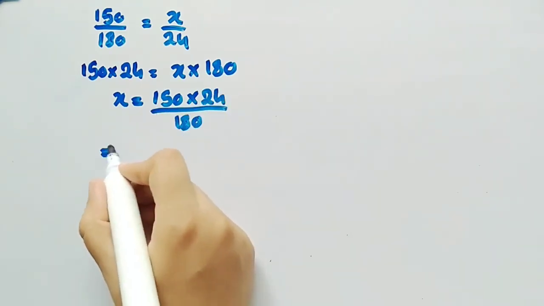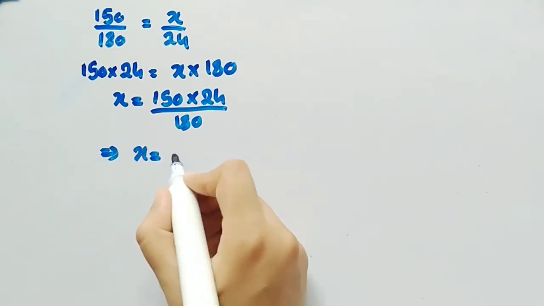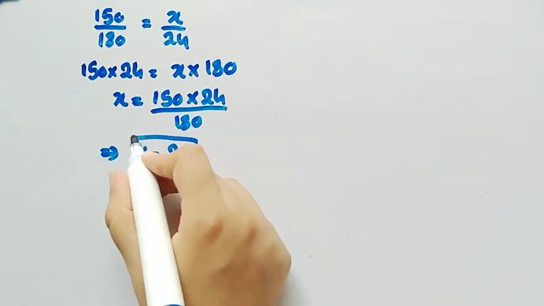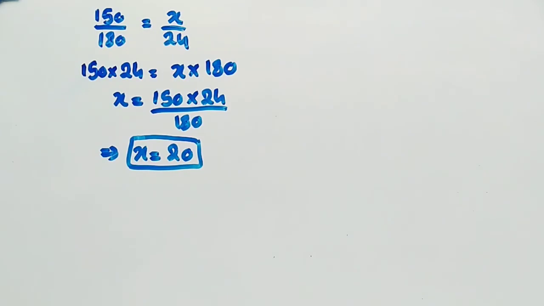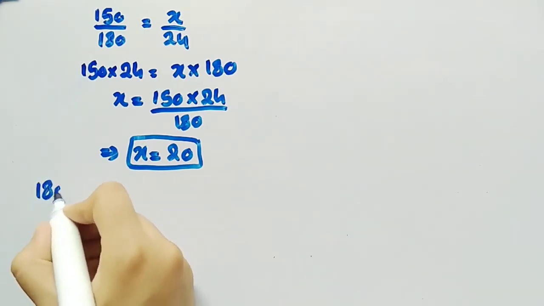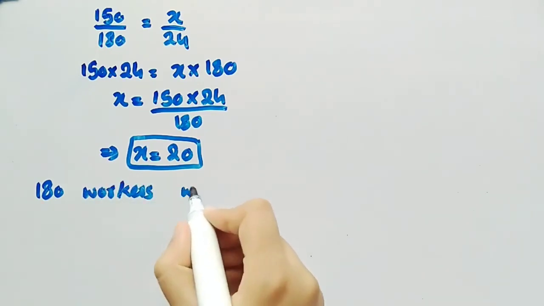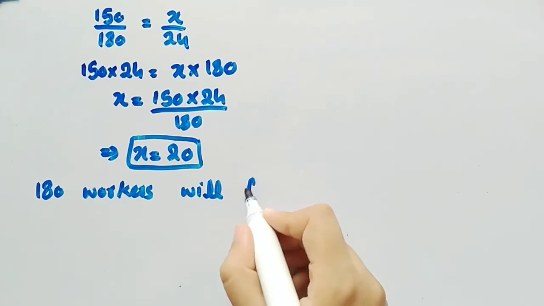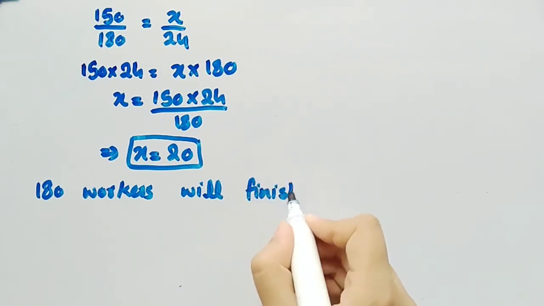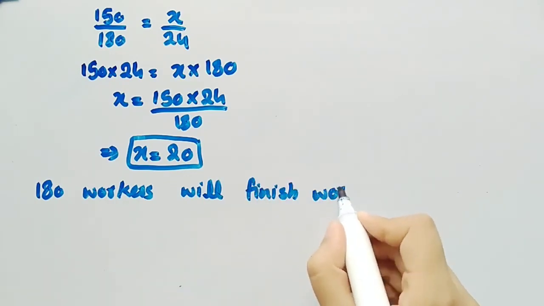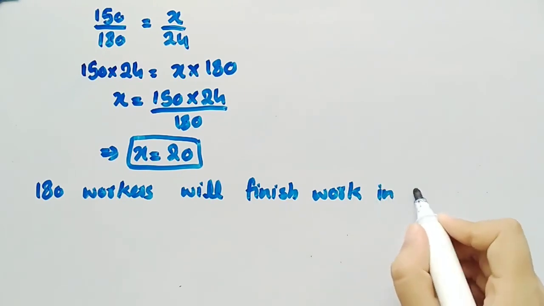From here we get X is equal to 20. From here we get that 180 workers will finish the work in 20 days.